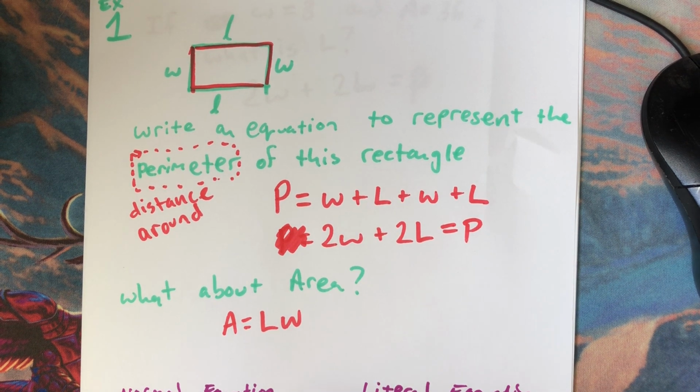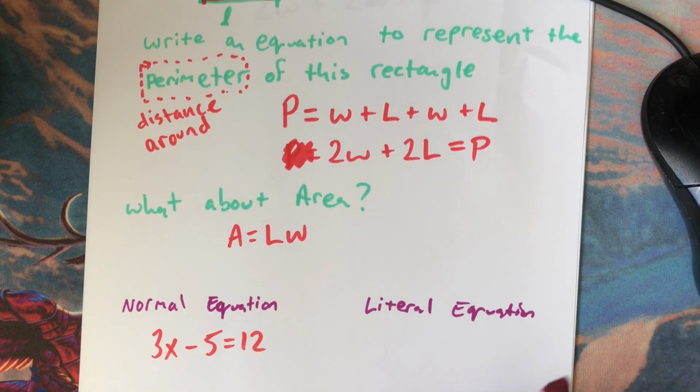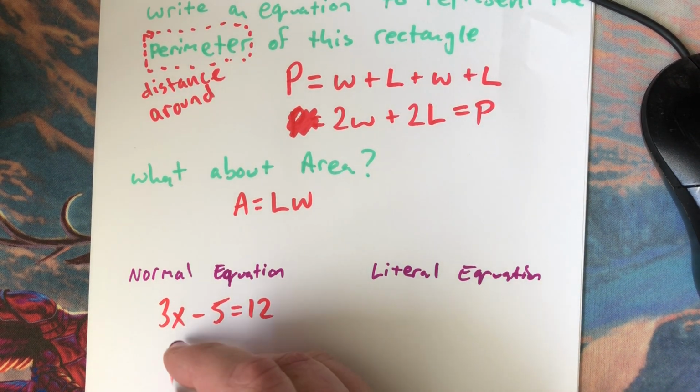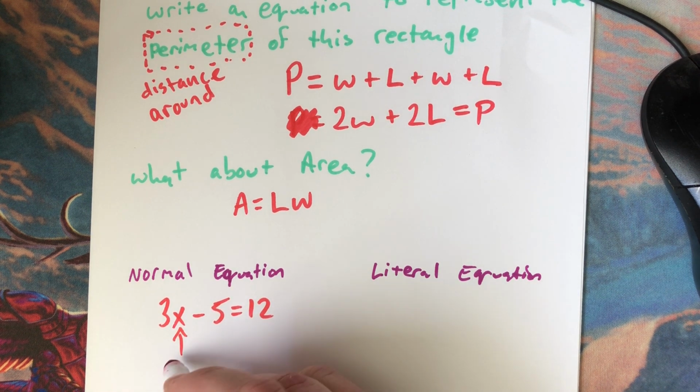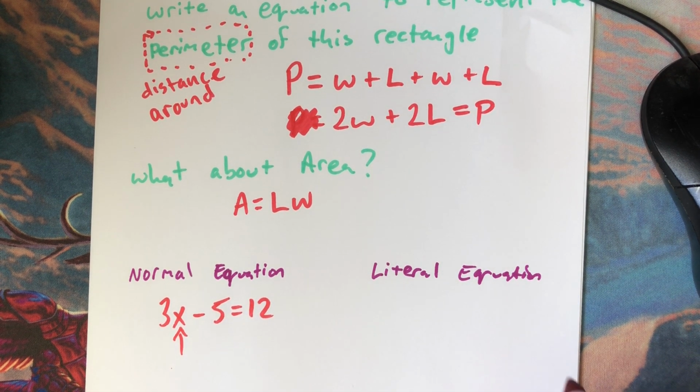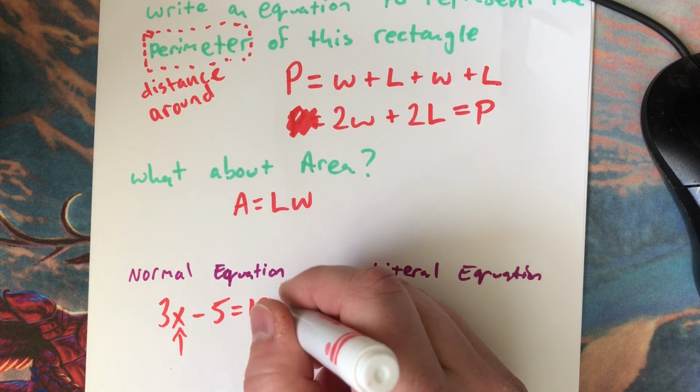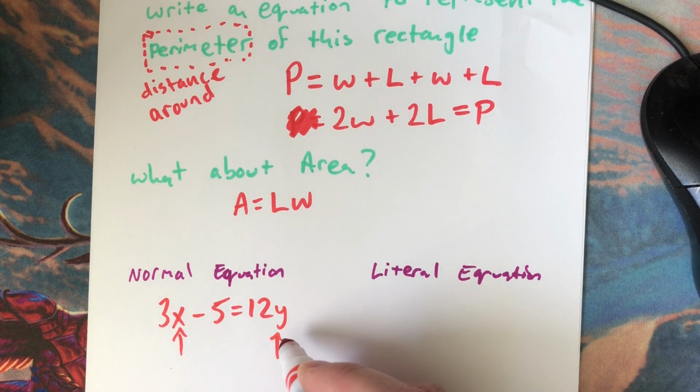A normal equation would be like 3x minus 5 is equal to 12, because there is only one variable. Sometimes we'll have an x and a y. We don't call those literal equations either.